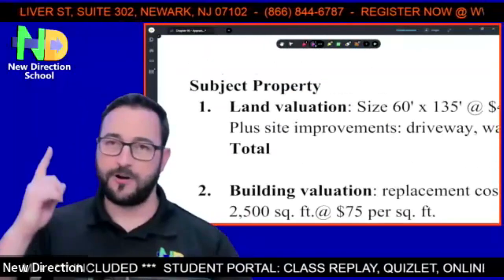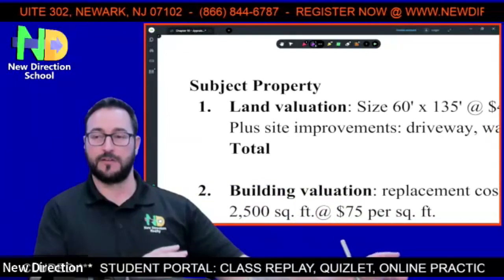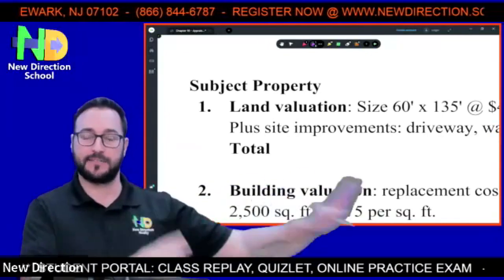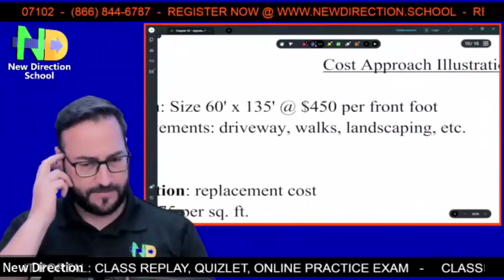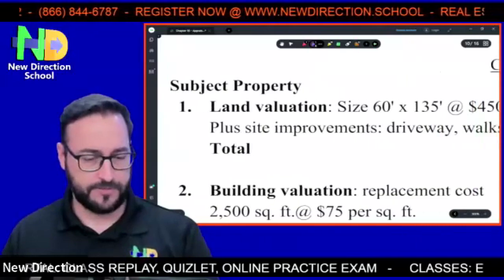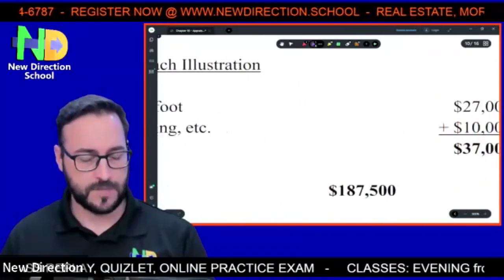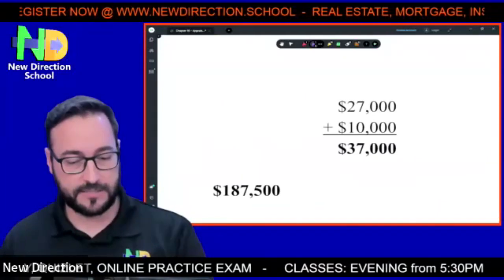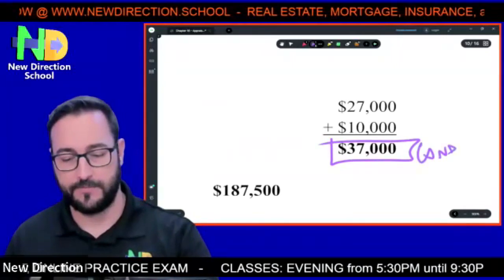So what we do first is we calculate the land value by itself because land does not depreciate. We said that, right? So land by itself. In this case, the size 60 by 135 at 450 per front foot plus side improvements, driveway, walk, landscaping, and so on. So the value is $27,000 plus the $10,000 of additions, and we got $37,000 land value, right?